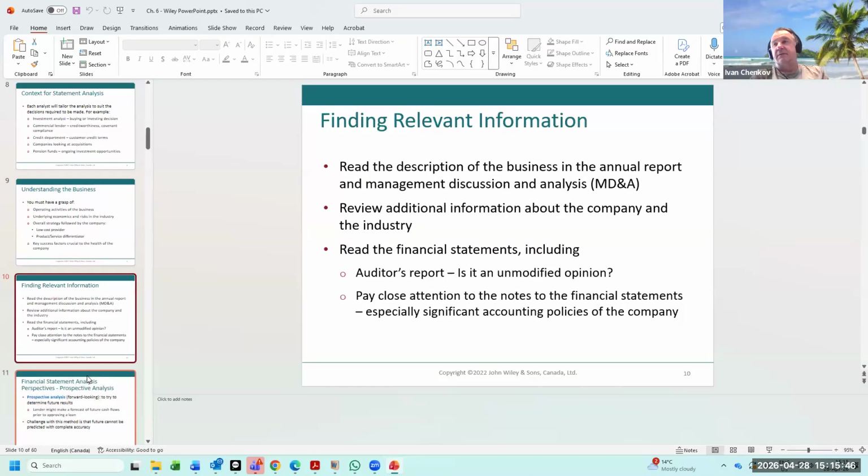The findings, very interesting things, we may find in the annual report, which every company now has to submit. That's called the management discussion and analysis.